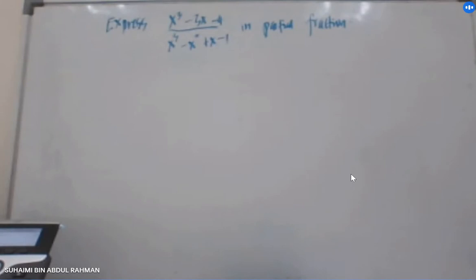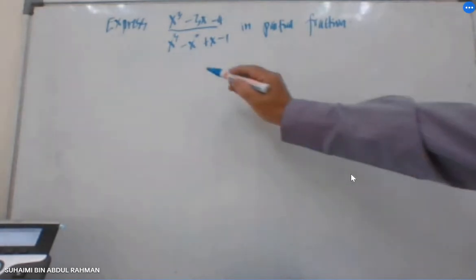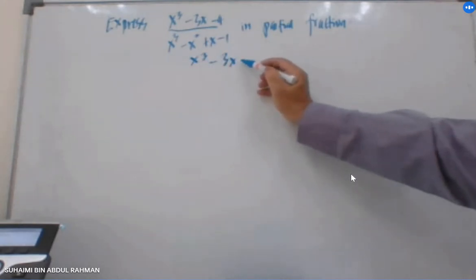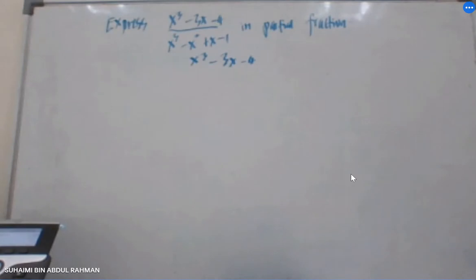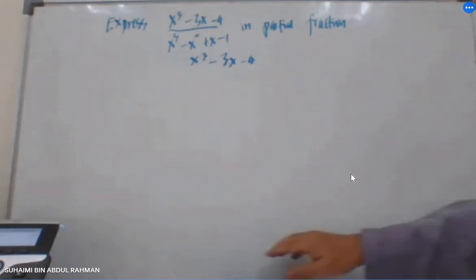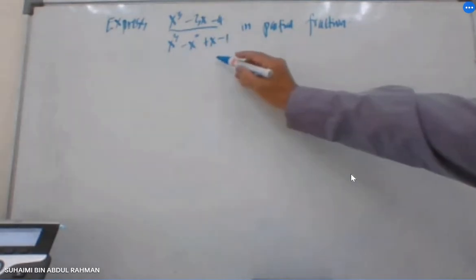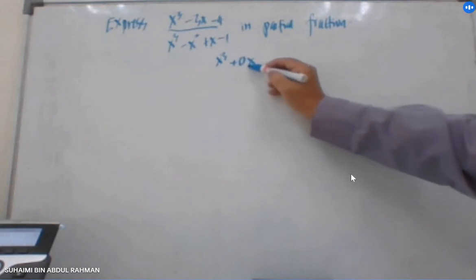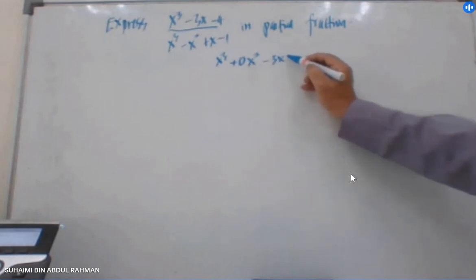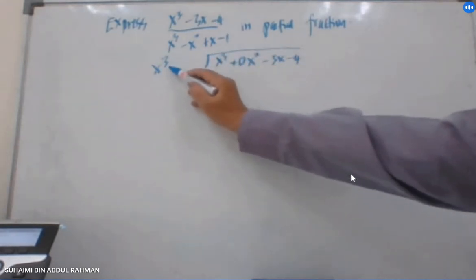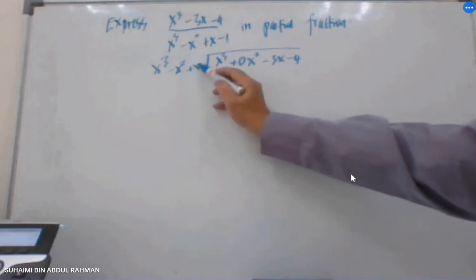So what we have to do is long division. We have x cubed plus 0x squared minus 3x minus 4, and you divide by x cubed minus x squared plus x minus 1.